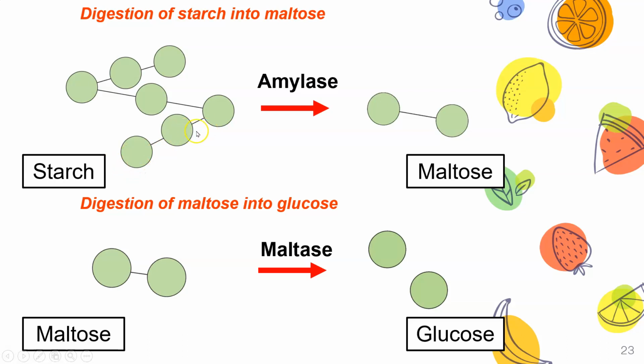So when starch is broken down by amylase into maltose, maltose can then be broken down by the enzyme maltase into glucose. You can see that maltose consists of 2 glucose molecules, and glucose is just individual molecules by themselves. So it goes from a long chain, to 2, then to solo.